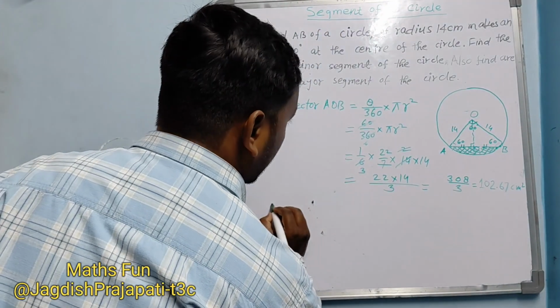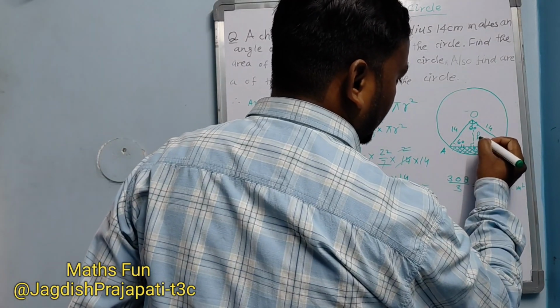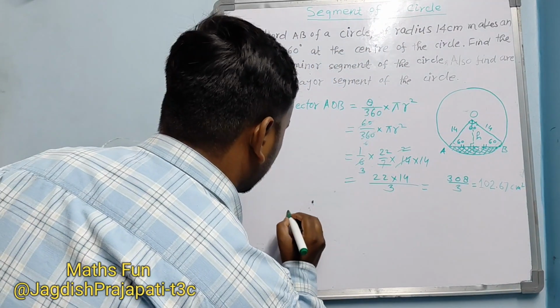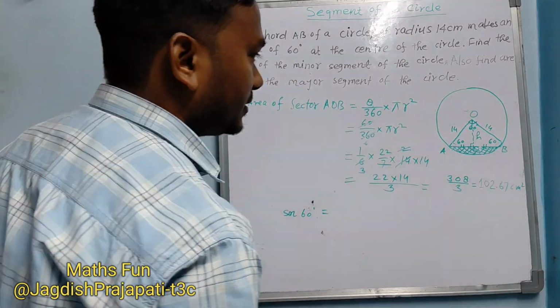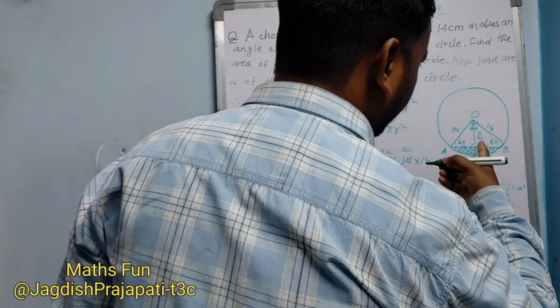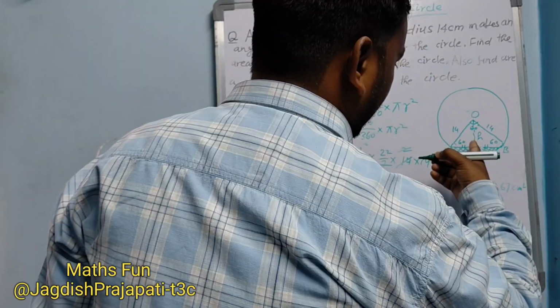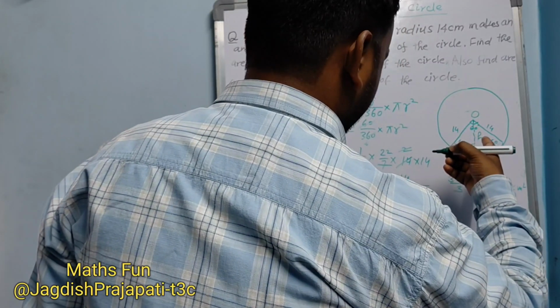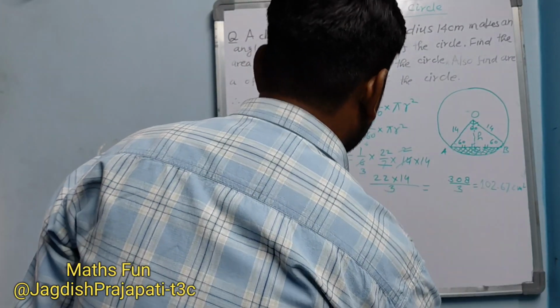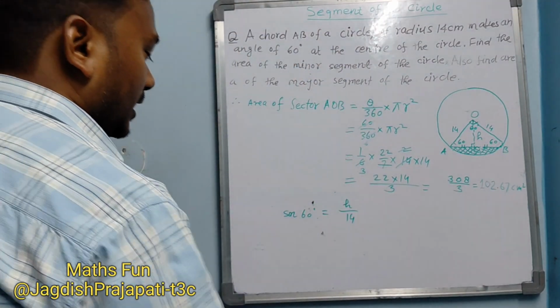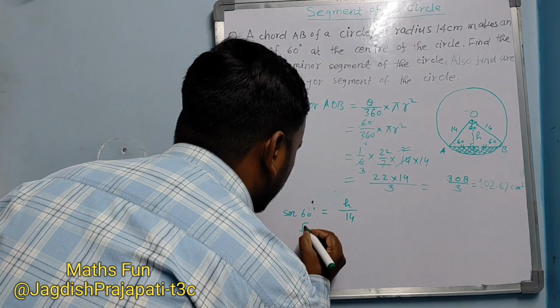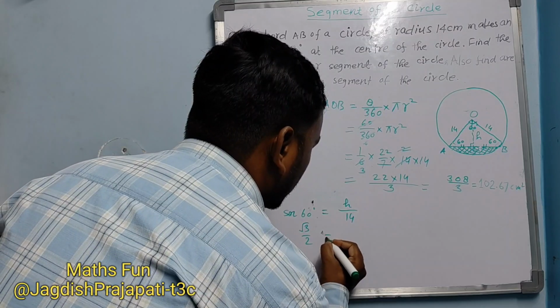Let's say this is h. So sine 60 will be h upon 14, and sine 60 is root 3 by 2.